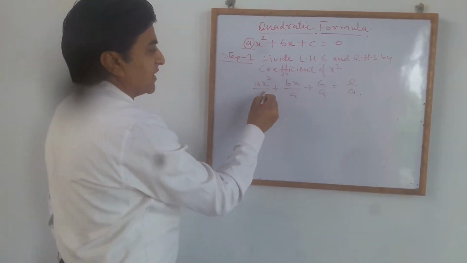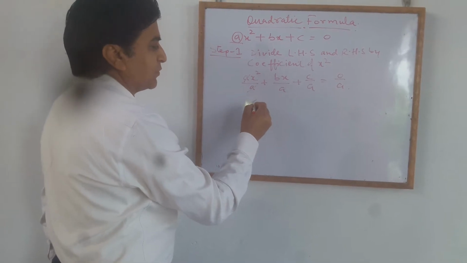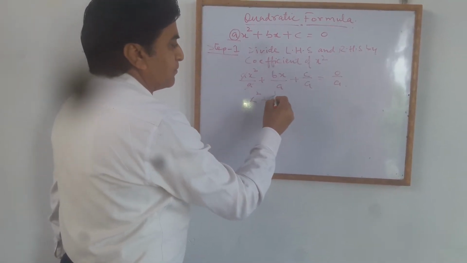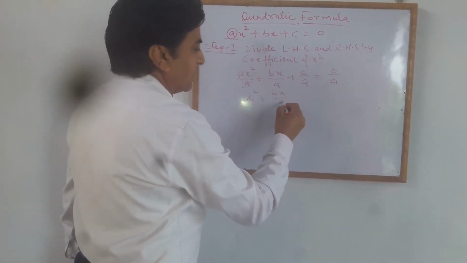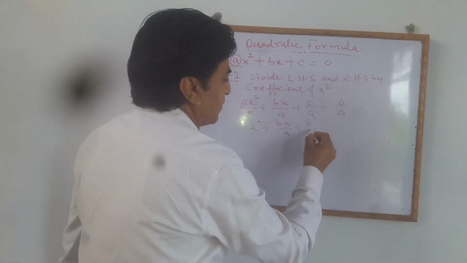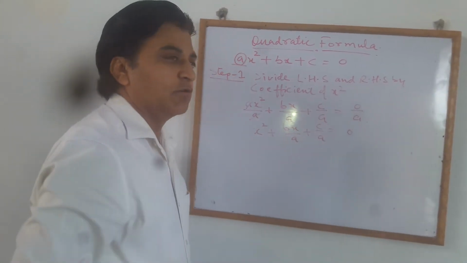A cancels. We are left with x square plus bx upon a plus c upon a is equal to 0.